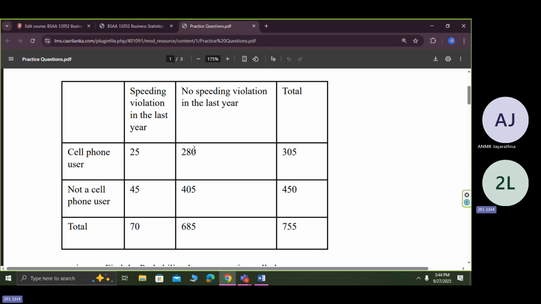Okay, the numerator represents the intersection. Here the intersection means cell phone user and no speeding violation. How many of them are there? 280. Okay, then the denominator represents the first event. The first event means they had no speeding violation. How many? 685. It's true.